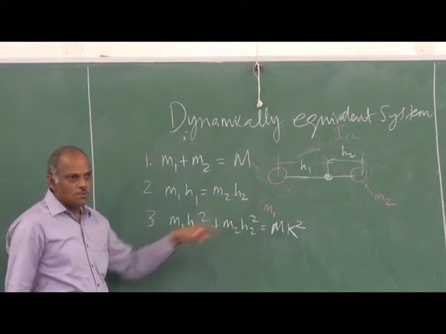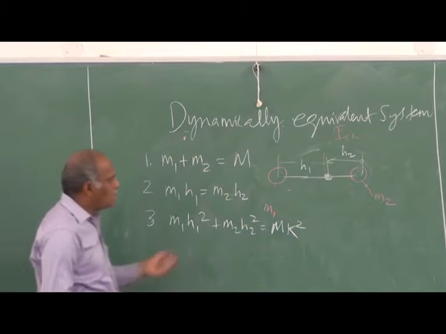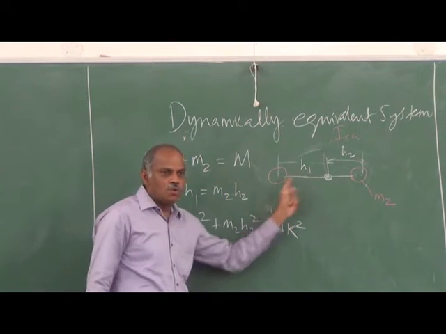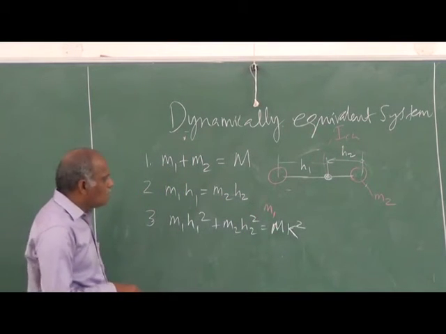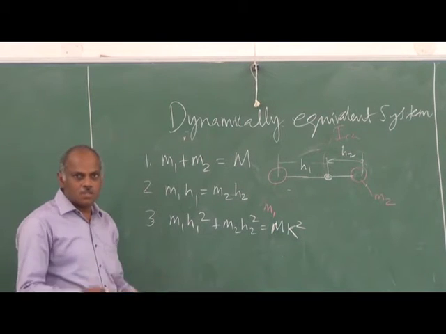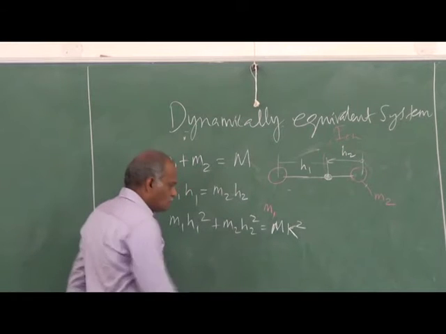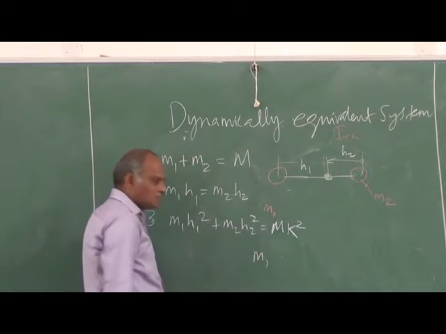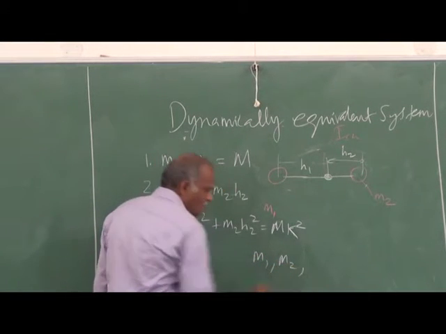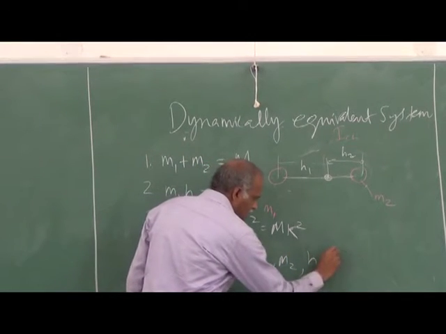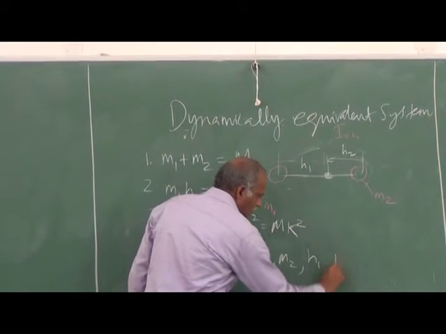Suppose I want to model a rigid body into a two mass system. Look at the variables which are there. So the variables are your m1, m2, h1, h2.